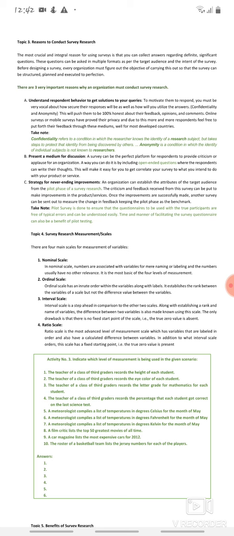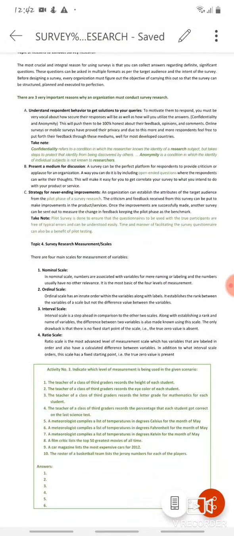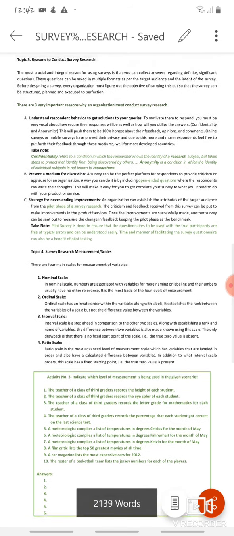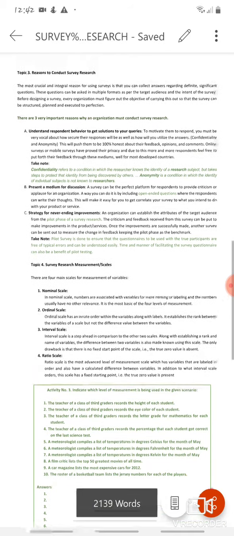And then I have here the take note, the differences between confidentiality and anonymity. When we say confidential, a condition in which the researcher knows the identity of a research subject but takes steps to protect that identity from being discovered by others. Whereas anonymity is a condition in which the identity of individual subjects is not known to researchers.